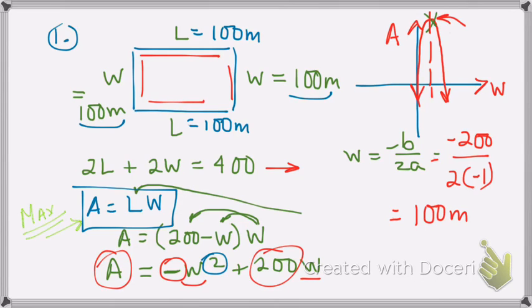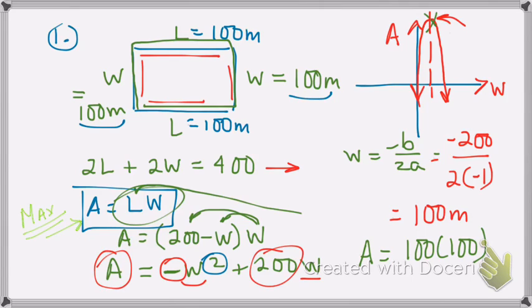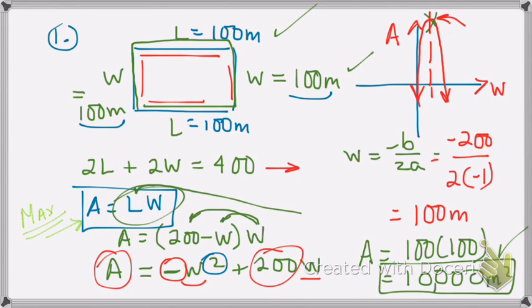And you can see as I walk around this rectangle, 100 plus 100 plus 100 plus 100 is 400. And therefore the area is going to be equal to length times width, 100 times 100. That'd be a 1 with 4 zeros. 10,000 square meters. And that is the maximum area. And that problem now is solved. I know my length, I know my width, that gives me the maximum area.